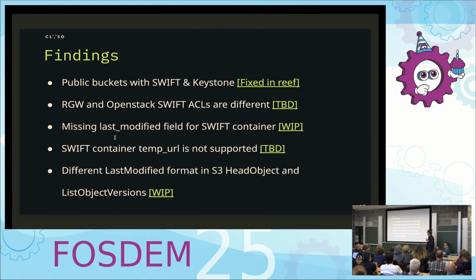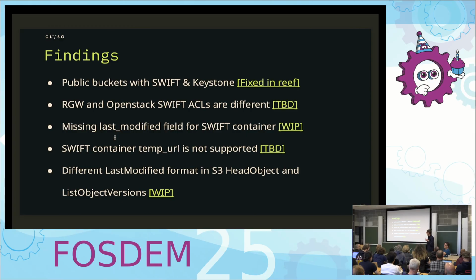So for example, public buckets or containers, Swift containers, were not working, at least with the Keystone integration, and the fix was done by the community quite recently and was backported to Reef.